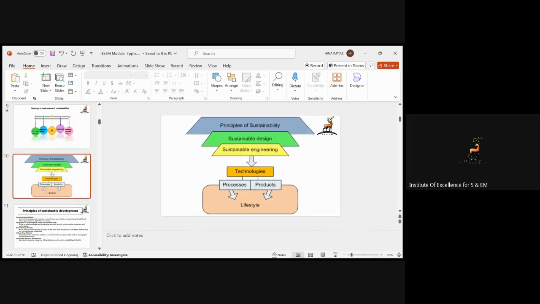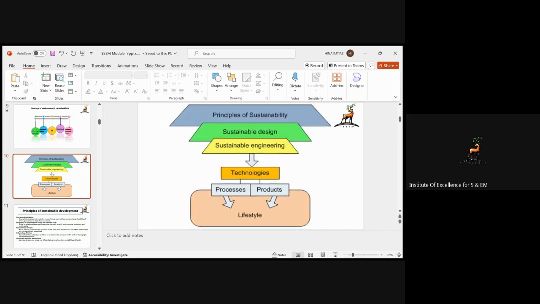This is the entire framework in which, if you follow the principle of sustainability, if you are inventing or installing a sustainable design in your industry.